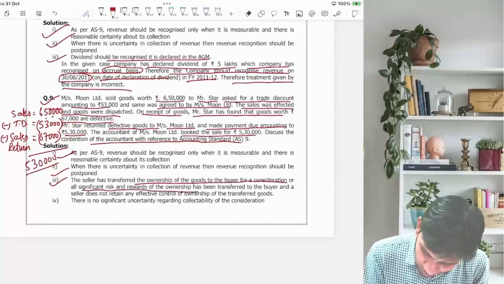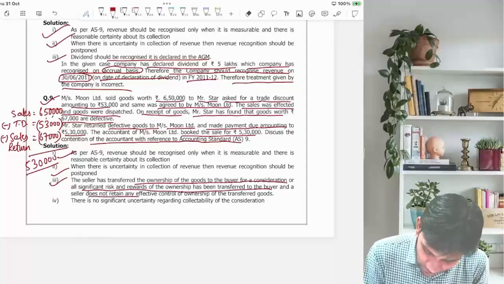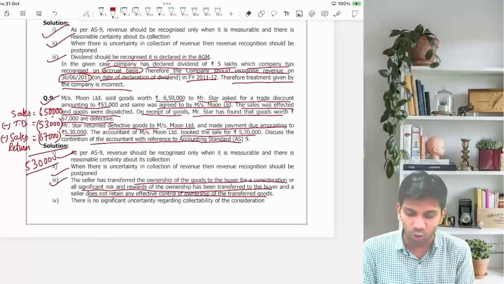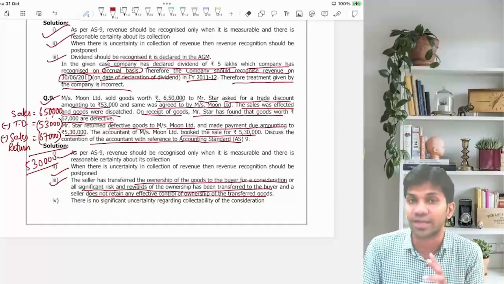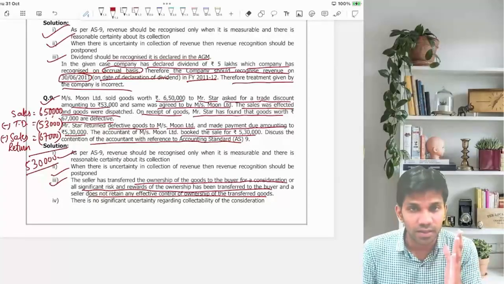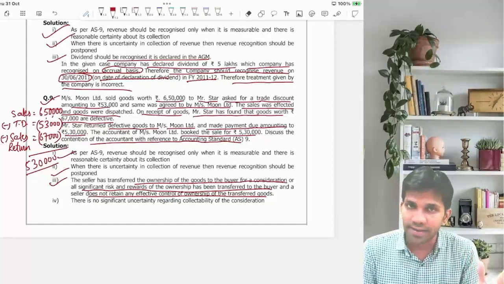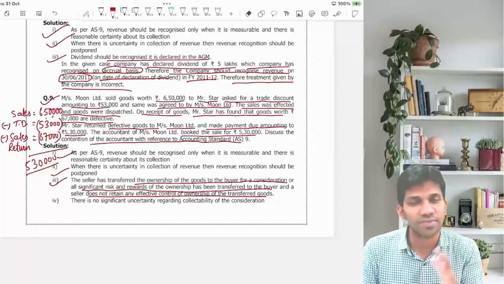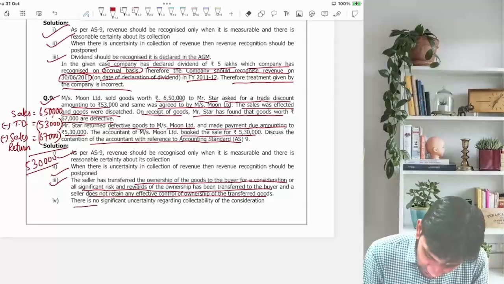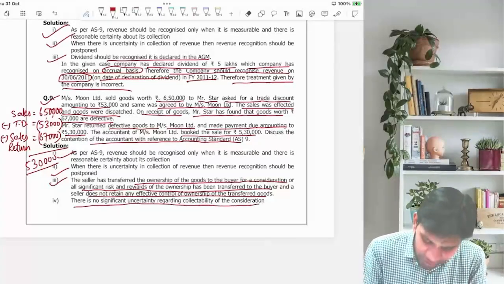All significant risks and rewards of ownership have been transferred to the buyer, and the seller does not retain any effective control of or ownership of the transferred goods. So this provision we need to add here because it is sale of goods related. The seller does not retain any effective title of the transferred goods, and all risks and rewards have been transferred to the buyer. There is no significant uncertainty regarding collectibility of consideration.